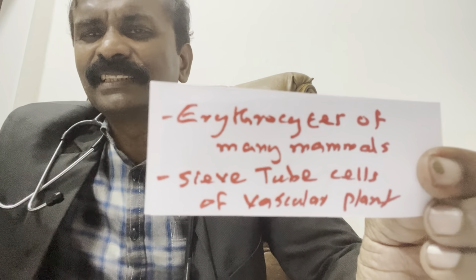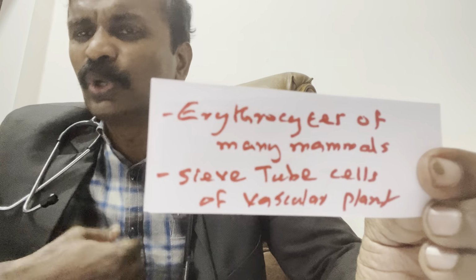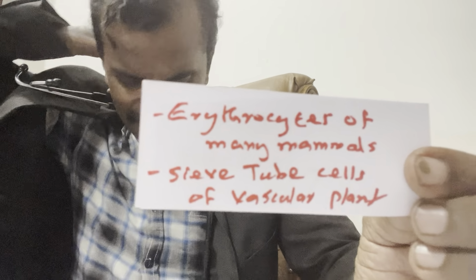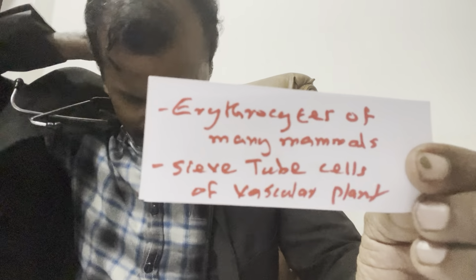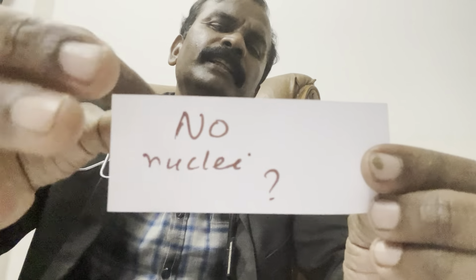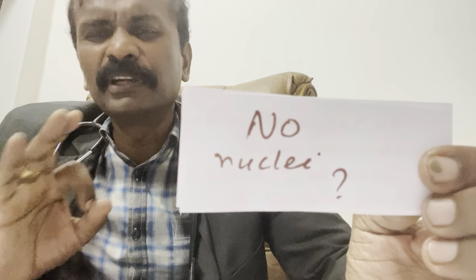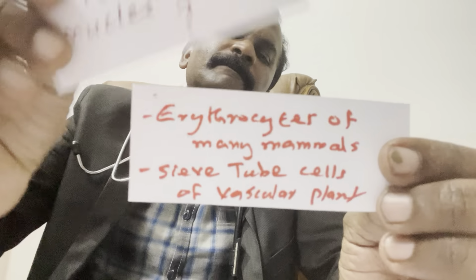First one is very easy, erythrocytes of many mammals, that we all know. Second one we have to study: tube cells of vascular plants. What is the question? Very, very important point. Okay, no nuclei.